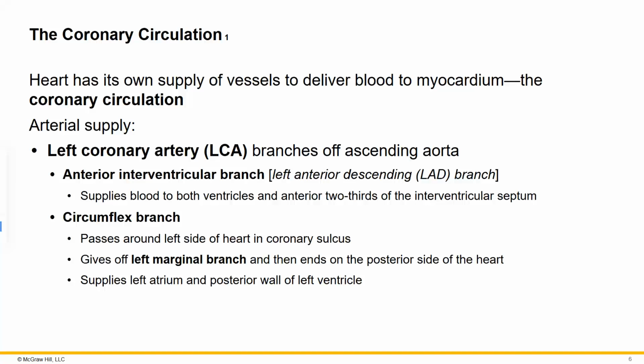The anterior interventricular branch supplies blood to both ventricles and the anterior two-thirds of the interventricular septum. The circumflex branch passes around the left side of the heart in the coronary sulcus, and it gives off the left marginal branch and then ends on the posterior side of the heart. It supplies the left atrium and posterior wall of the left ventricle.